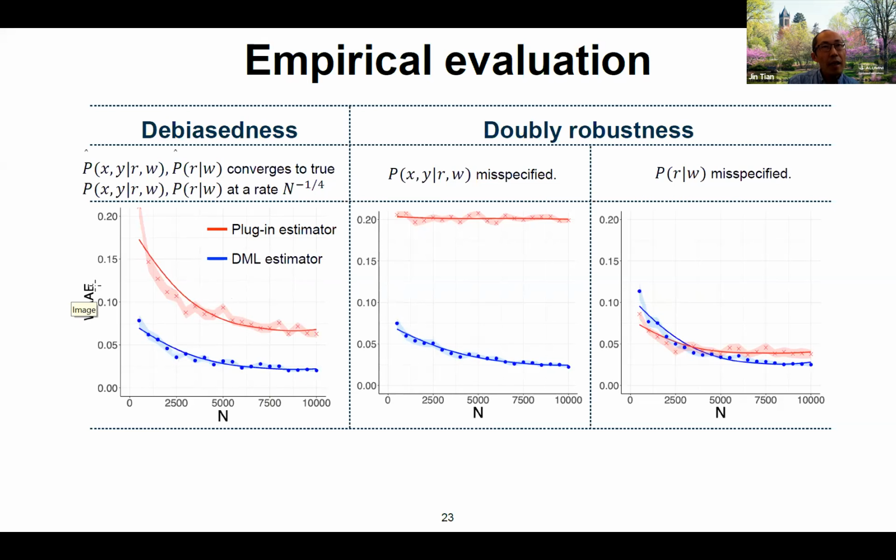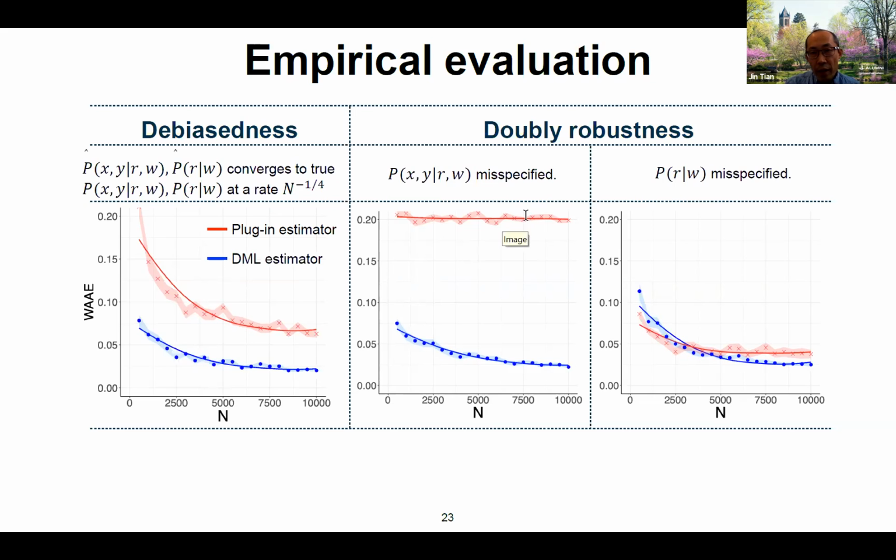Here we are estimating the probability of y equal to 1 given x, then computing the weighted average over x values, and computing your estimation minus the true value, since this is simulated data. And this is the comparison of the debiasedness property.